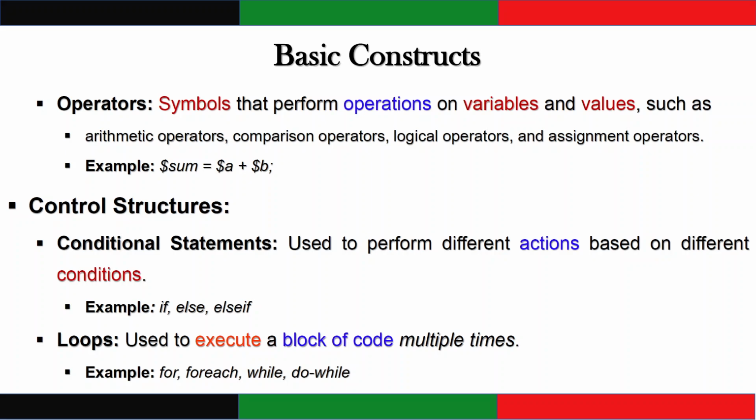Then when it comes to logical operators, they end up in Boolean results. So at the end of the day, the result that we're going to get is a yes or a no. So we combine the comparison operators with the logical operators to form a solid condition, or a solid statement, that we are going to look at later when we touch the control structures, especially the conditional statements.